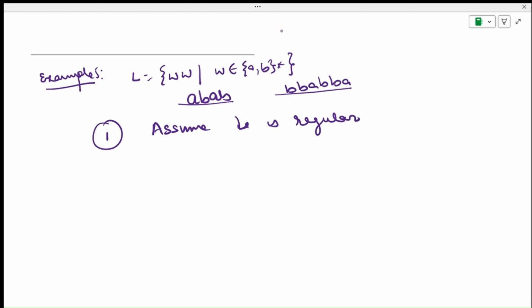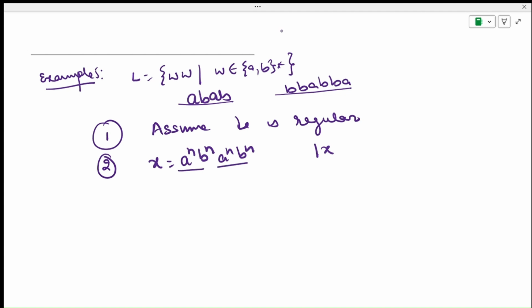The second thing, take any string x of this form. Suppose I have a^n b^n, followed by a^n b^n. I take this, and we can clearly see that this is w and this is also w.